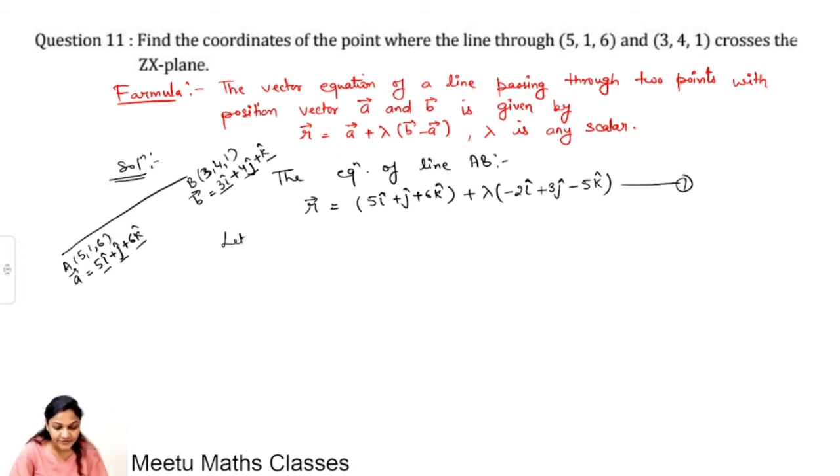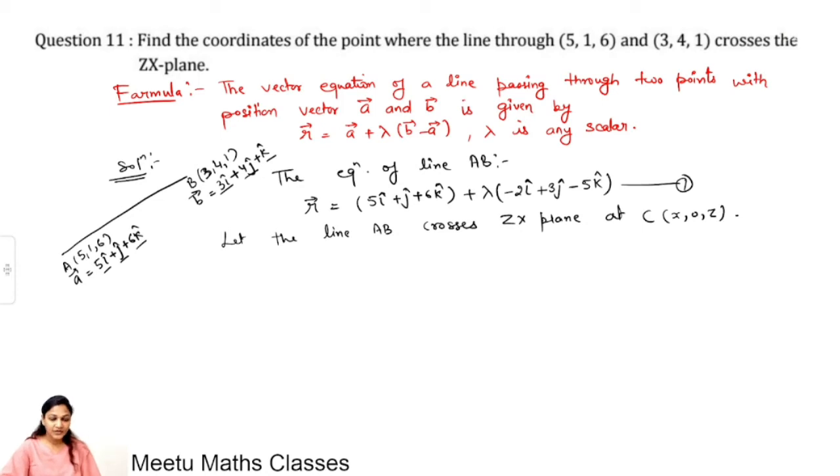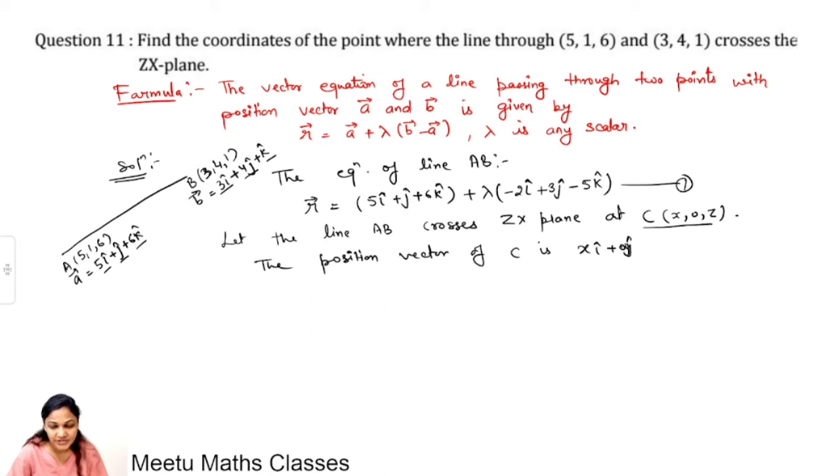So let line AB cross the zx plane at C with coordinates, since it is the zx plane, the y coordinate will be 0. So the position vector of C is xi plus 0j plus zk.